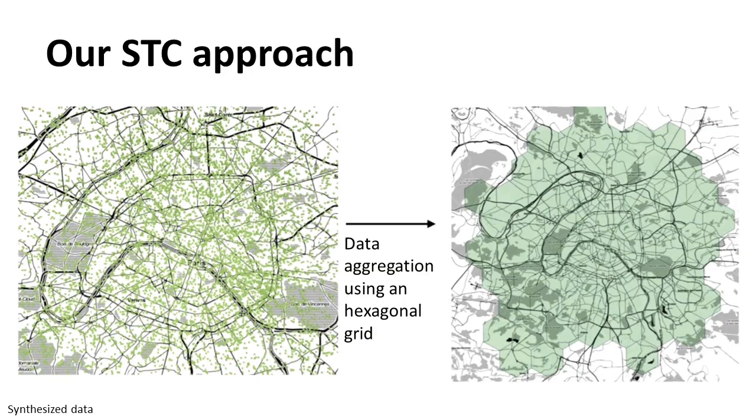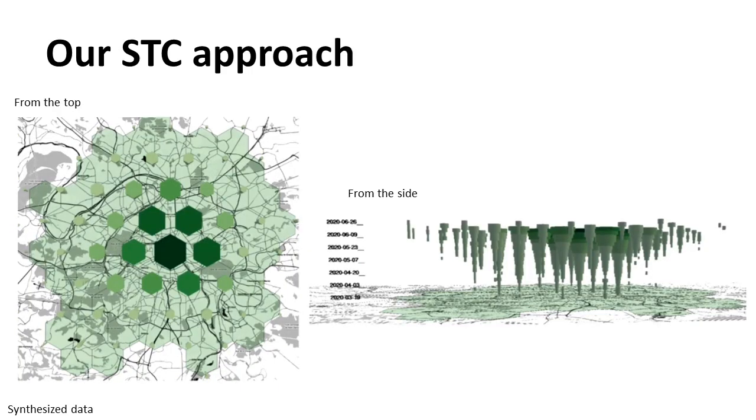And so we investigated the possibility to spatially aggregate the data using a hexagonal grid and to represent the temporal evolution of the number of cases in each hexagonal cell by a 3D column placed above each cell. So these 3D columns are formed by a stack of 3D elements, each 3D element having the same height and representing the number of cases for the corresponding hexagonal cell for one temporal interval.